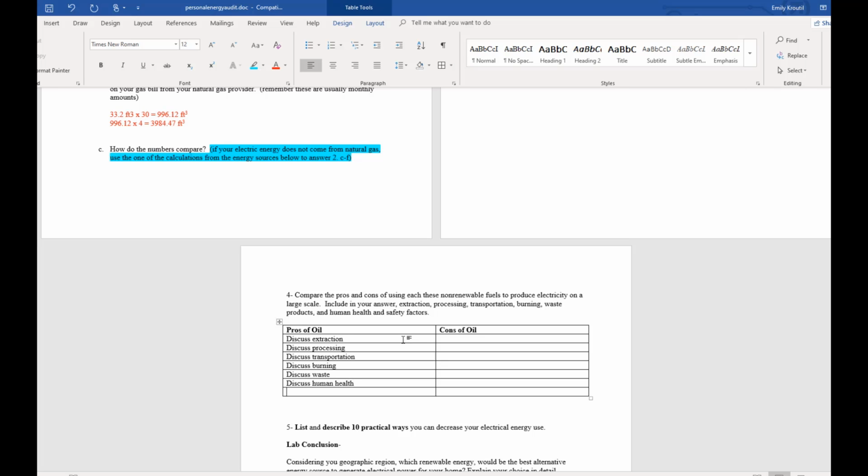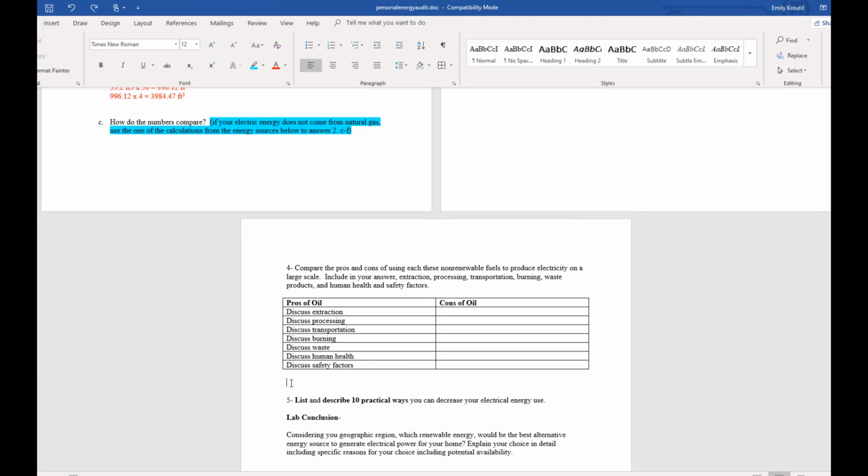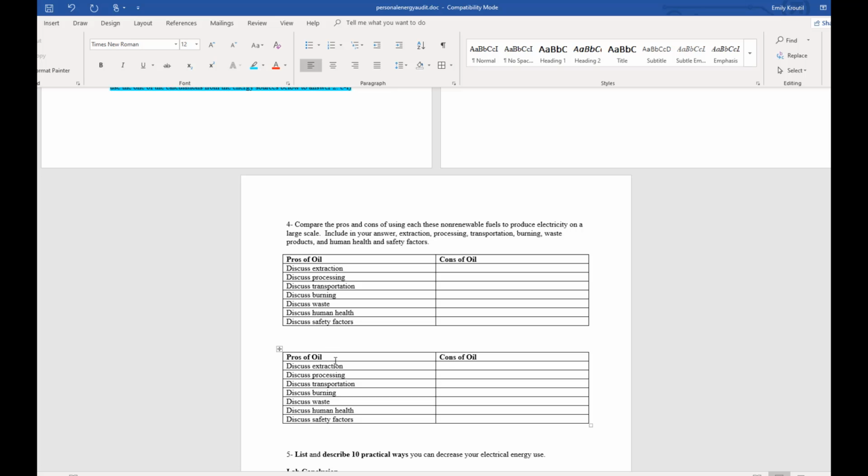This seems kind of tedious, but it's actually going to be really helpful for you for the AP exam because you'll have to compare types of non-renewable fuels. So then we can put natural gas here.